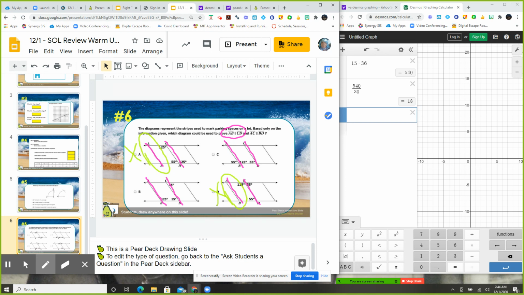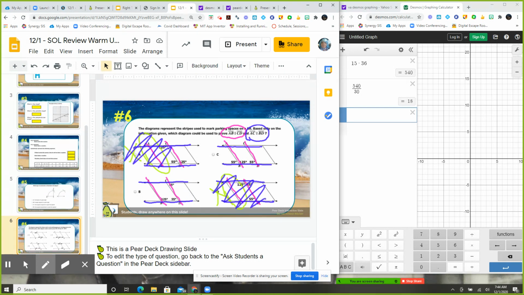Okay. So by doing this, we've eliminated 2 answer choices. Now I want to go look at AC and BD. So if I highlight those, really I only needed to do B and C because I already crossed these 2 off. So we're just going to look at B and C.